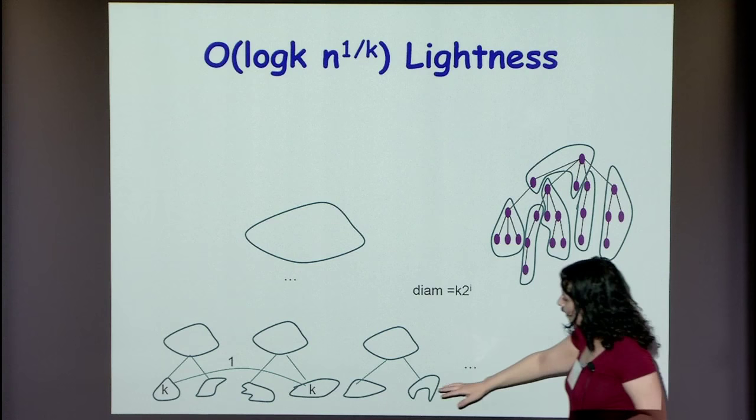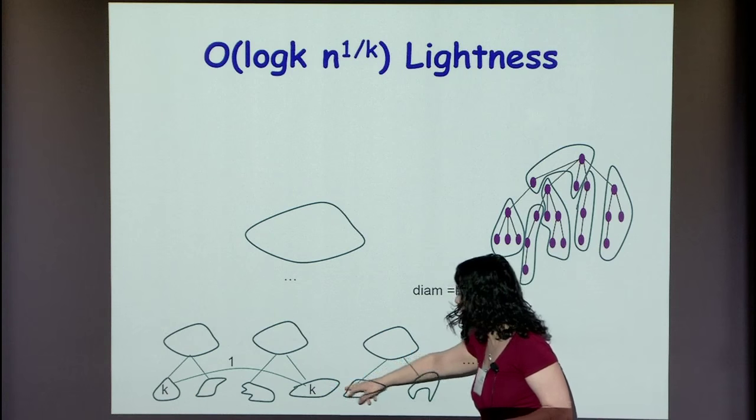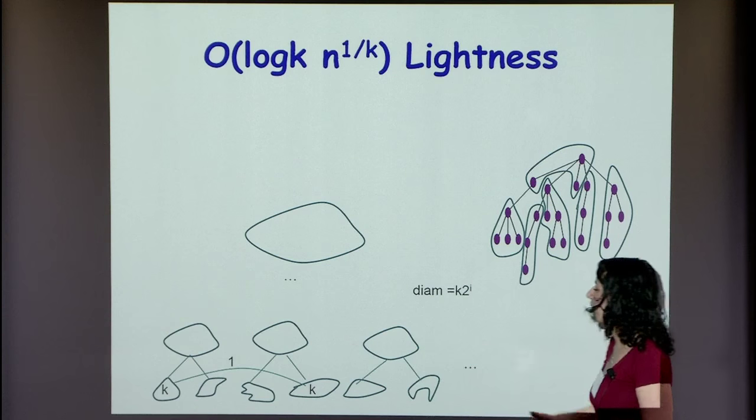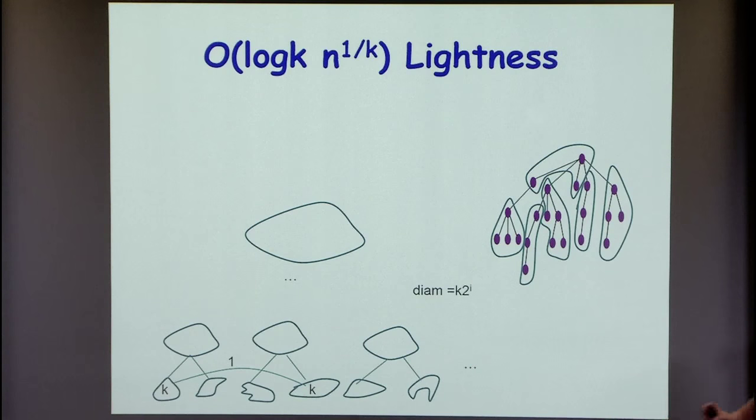Let's assume now, for simplicity, that the diameter of the first clusters that I have is k. I hope it will be clear in a second why. So let's assume these clusters are all of diameter roughly k. And let's try to satisfy only edges of weight 1. Actually satisfying edges of weight 1 is easy, but we will do it for every level later. So now I'm trying to satisfy only edges of weight 1, and I want to use the clusters for this purpose.